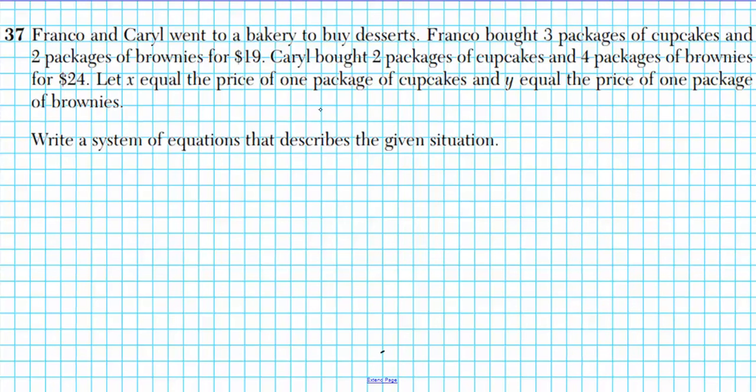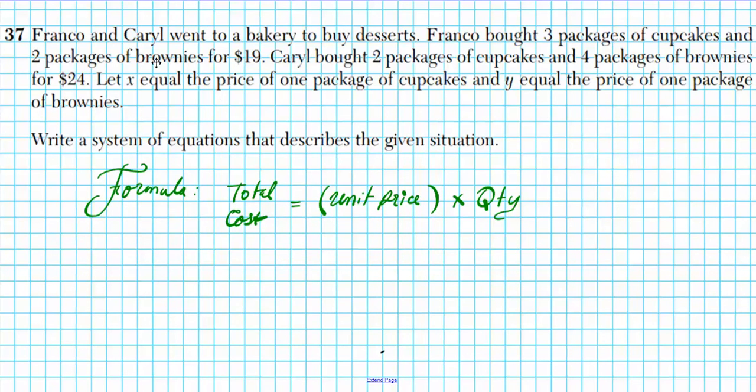When you're dealing with unit cost and quantity type problems, there's a formula for the total cost. Let's take a look at that real quick. Total cost is basically the unit price multiplied by the quantity.